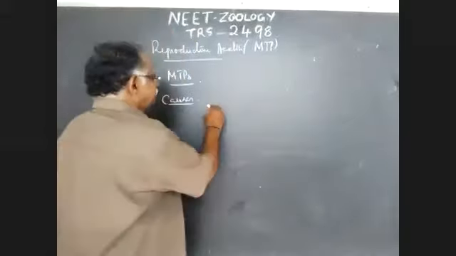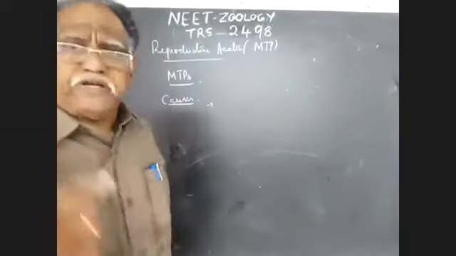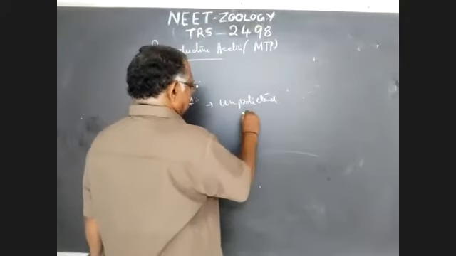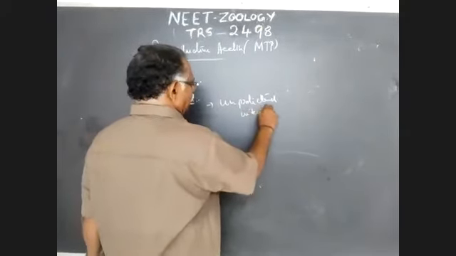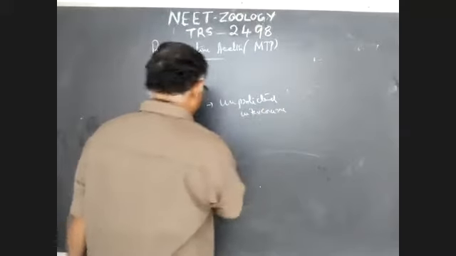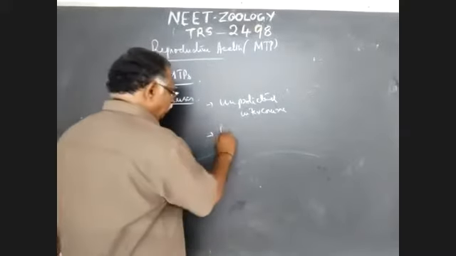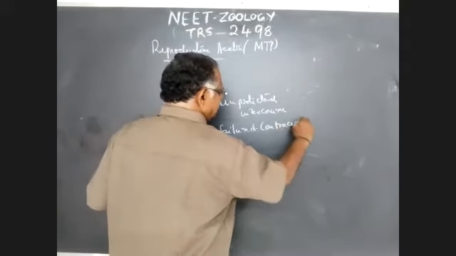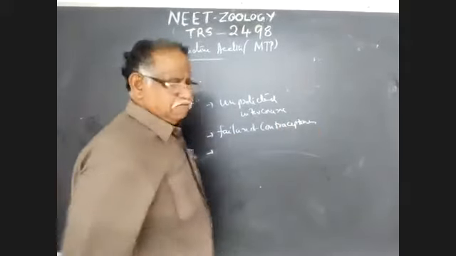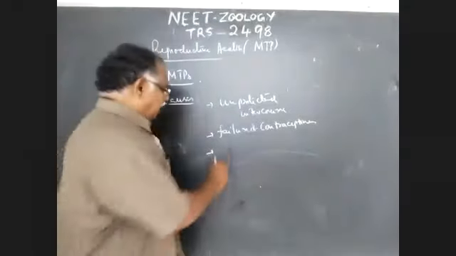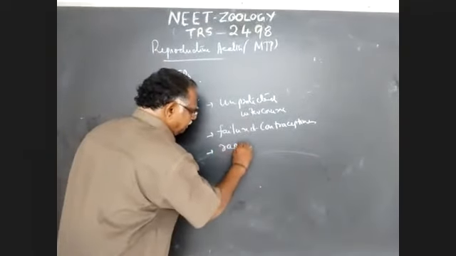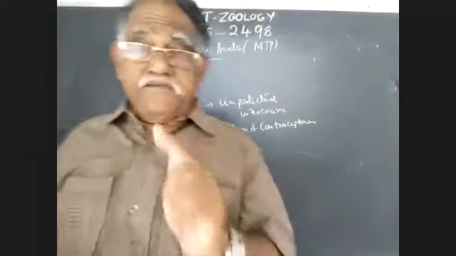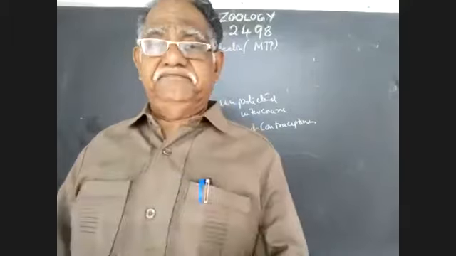Normally unprotected intercourse. Second one is failure of contraceptives. We discussed these contraceptives. Or pregnancy due to rape.